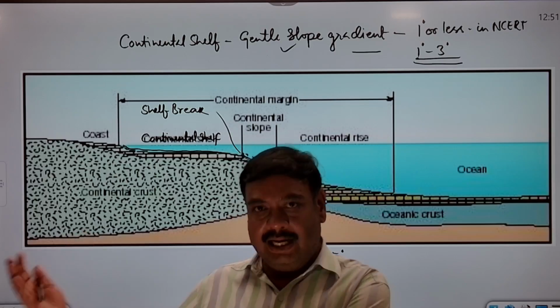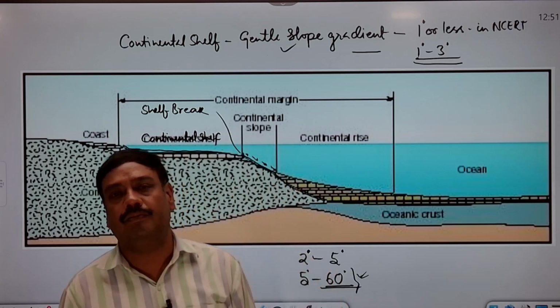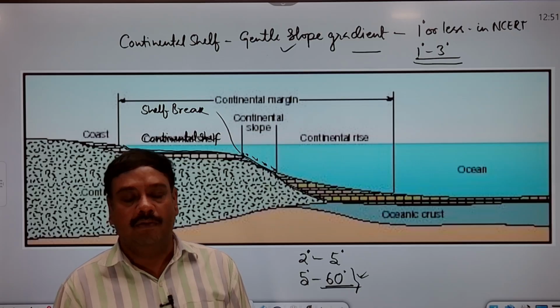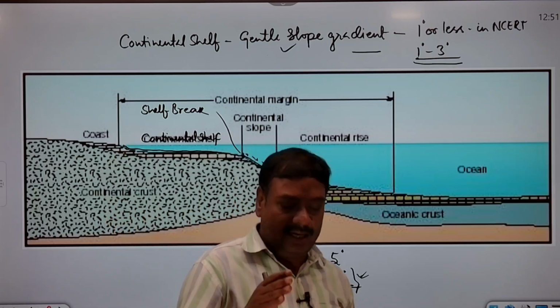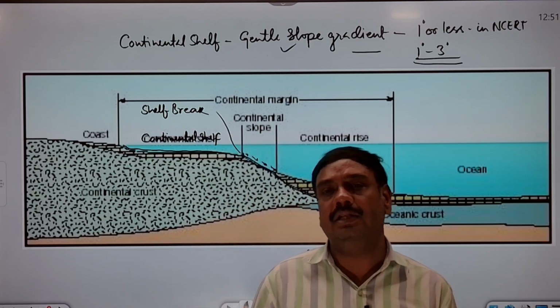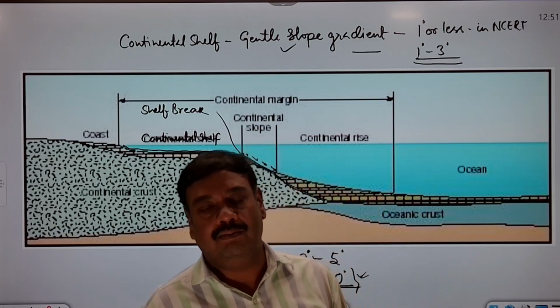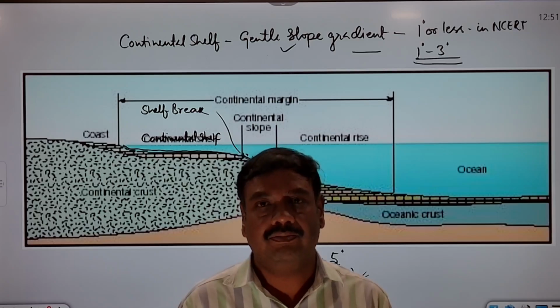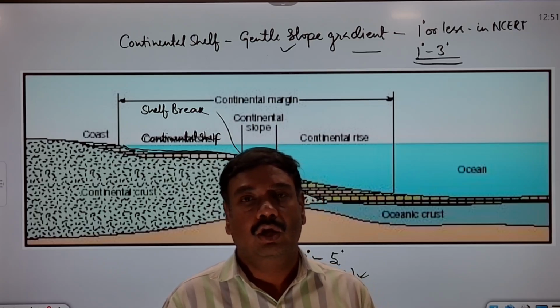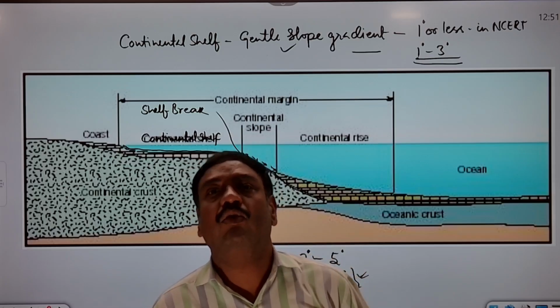While on the other side, come to the eastern side of North America and South America, there you find an absence of mountain ranges and the marginal regions are having plains. So there you can find that the width of the continental shelf is more.